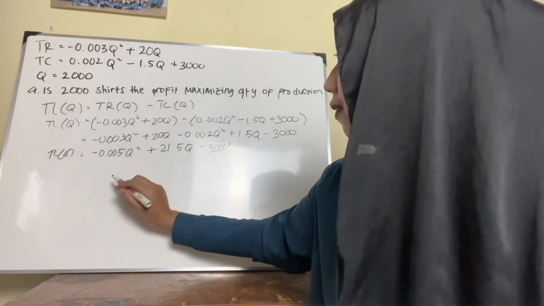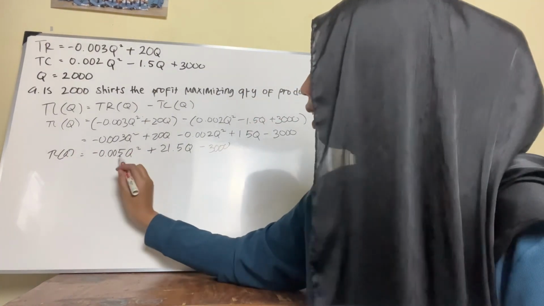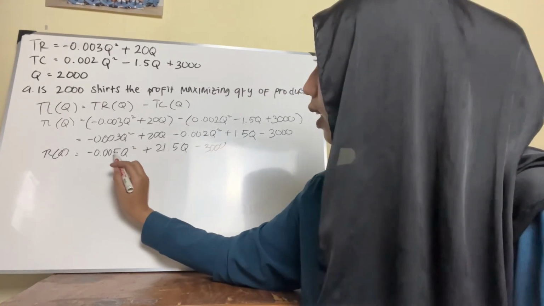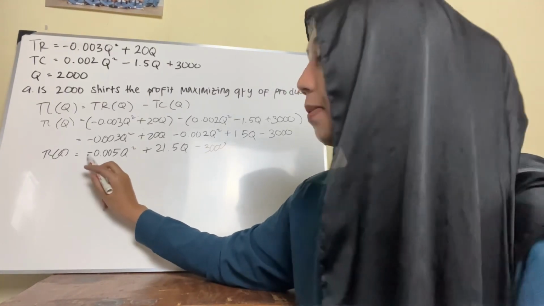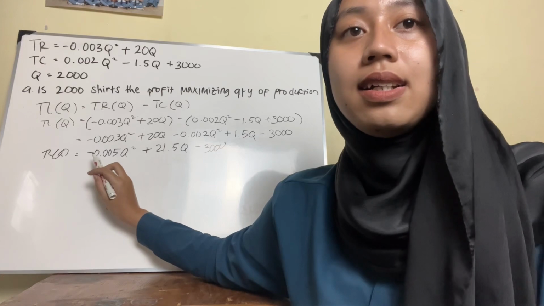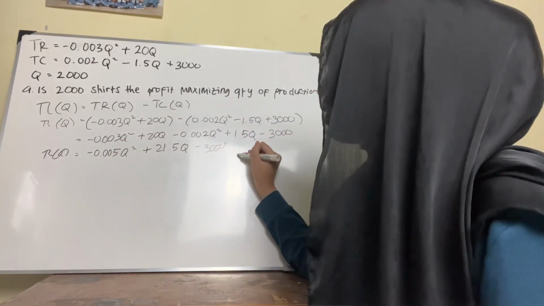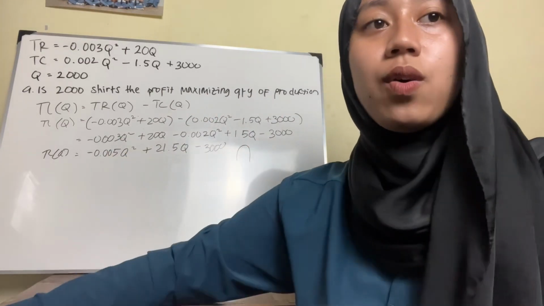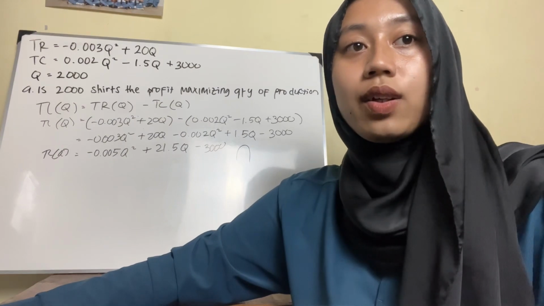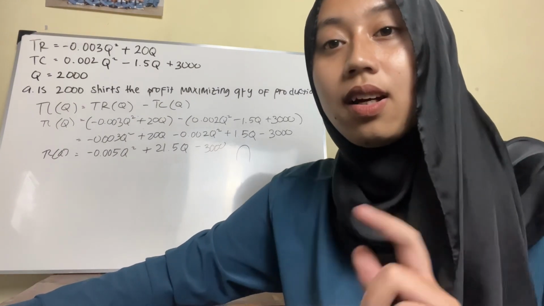It's a quadratic function, and since the coefficient of Q squared is negative, the parabola opens downward, so the maximum point occurs at the vertex of the parabola.